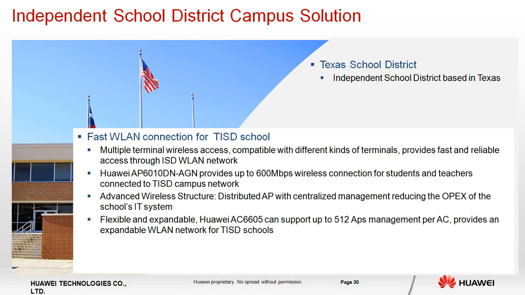They really wanted a WLAN network that gives them investment protection and can grow as the traffic and load on the network grow in the future. That's where they came to Huawei and deployed a Huawei 6010 access point network, giving them 600 megabits of throughput for the students and the teachers in the network.